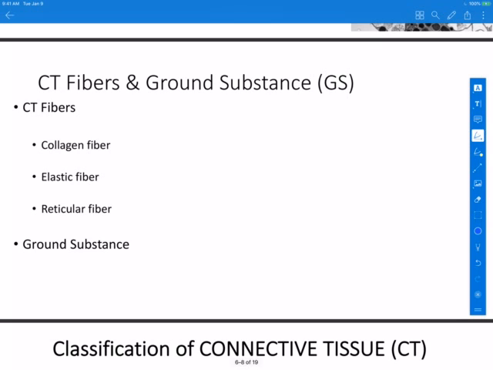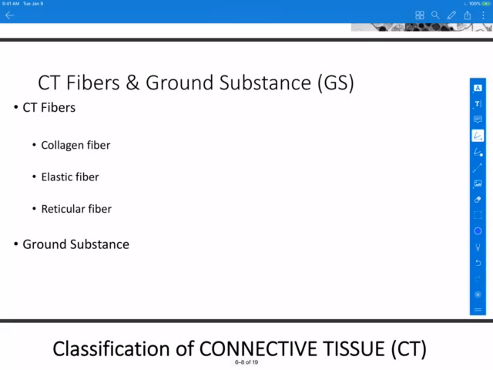And then reticular fibers. Reticular fibers are basically made up of a thin type of collagen fiber. So they're not thick and coarse collagenous fibers.